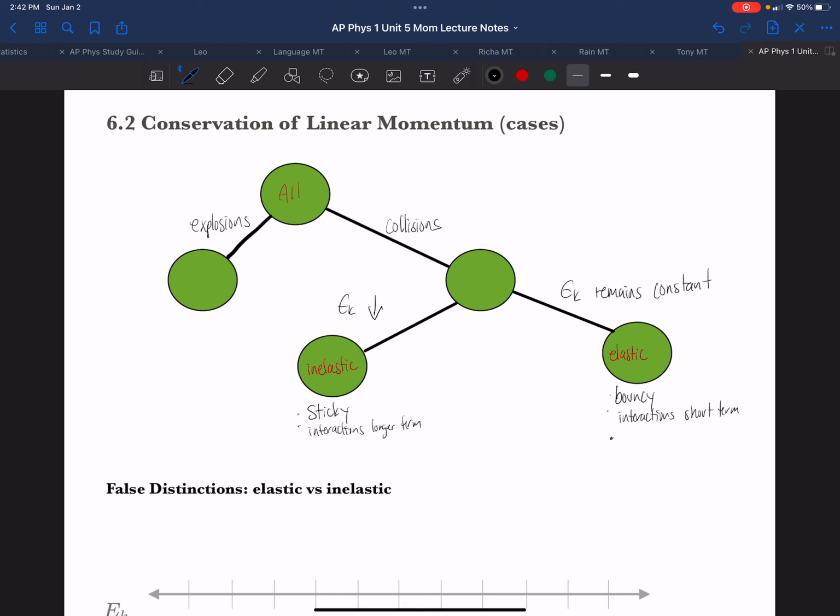For elastic, there's usually no deformation of the bodies because they are hard, rigid, like billiard balls. Bowling balls could be hard too, but billiard balls are much harder. Steel bearings.